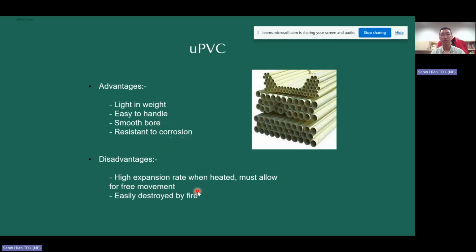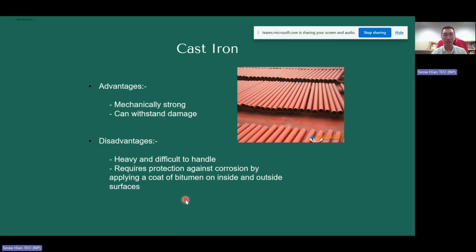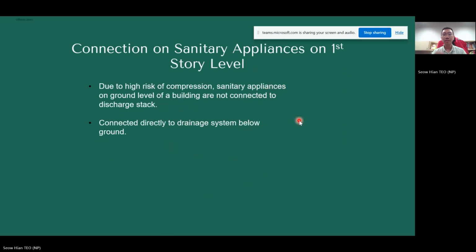Because there's expansion, you need to allow for expansion movement, and it's easily destroyed by fire. Cast iron is mechanically very strong, can withstand damage, but it's very heavy. The disadvantage is that it's heavy, it requires protection against corrosion, and sometimes you apply a layer of bitumen inside or outside the surfaces.